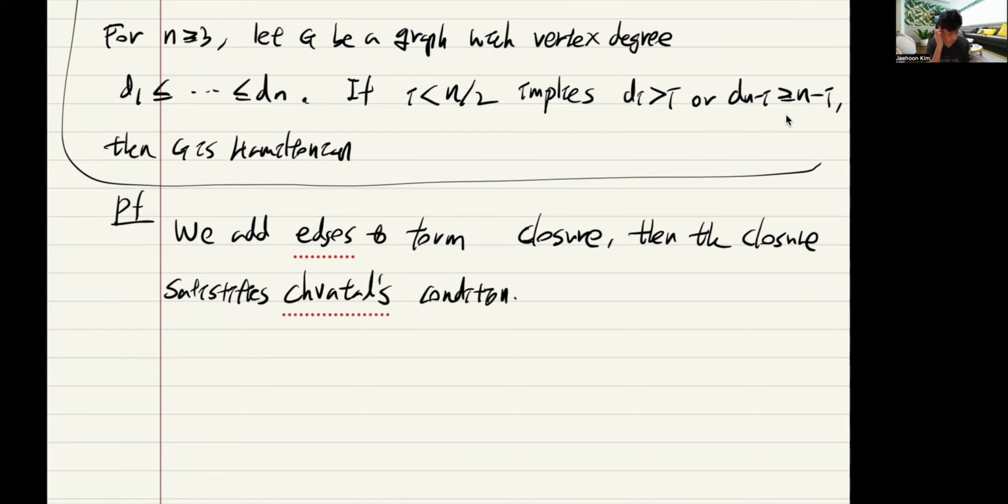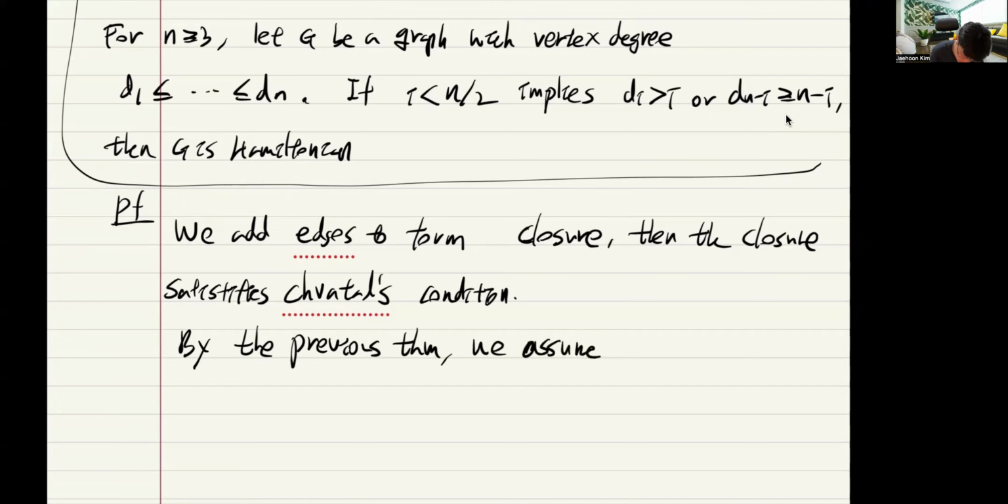We know that for this closure and the original graph, one having a Hamilton cycle implies the other. So it's sufficient to show that this closure contains a Hamilton cycle, and the original one also contains one by the previous theorem. So we may assume that our graph G is closed, Hamiltonian closed.